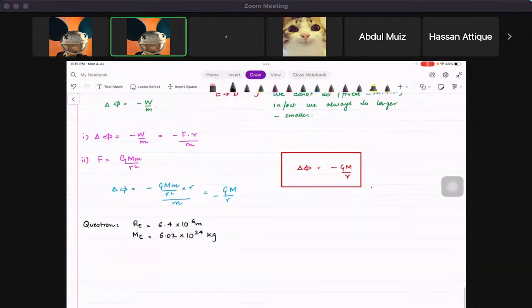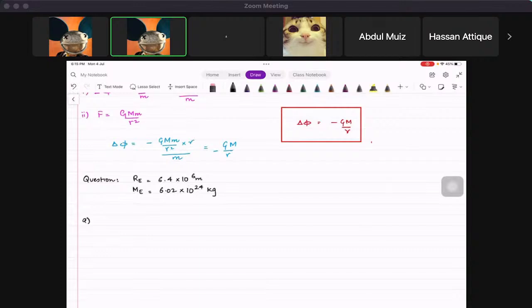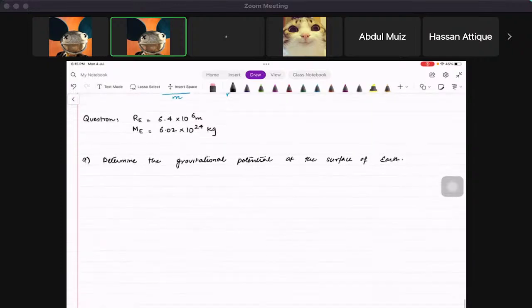Now, it asks us a very important question. The first question says: determine the gravitational potential at the surface of Earth. Then in another part it says: state the significance of the negative sign.